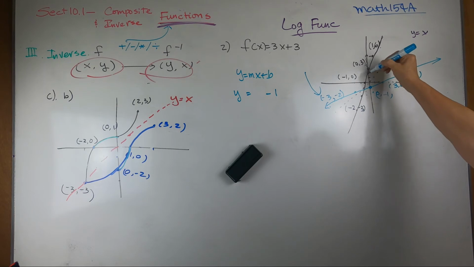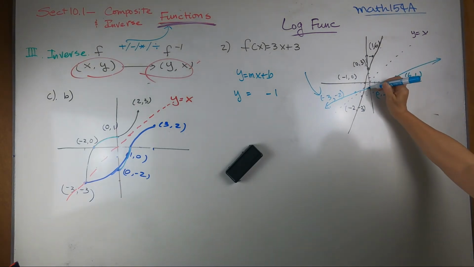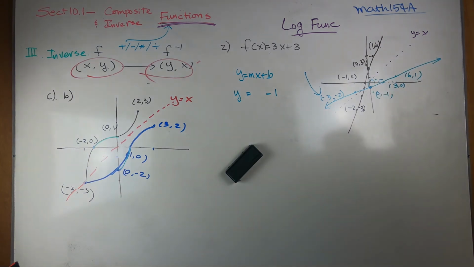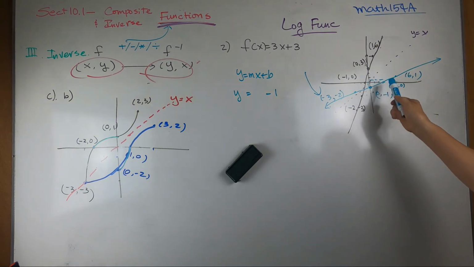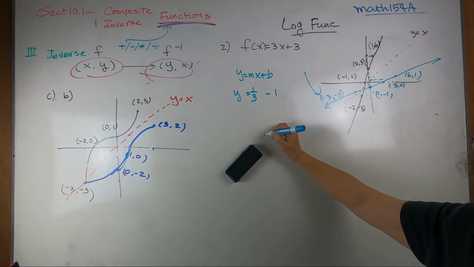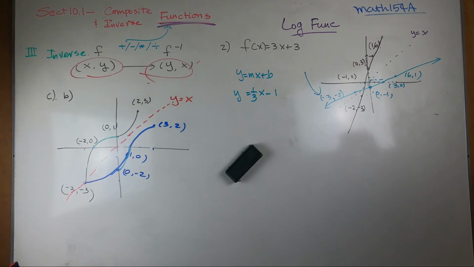Like this one, rise 3, run over 1. But for your inverse it will be what? Rise 1, run over 3. So the slope of the inverse line actually is what? 1/3. Right? So your linear equation will be that one.